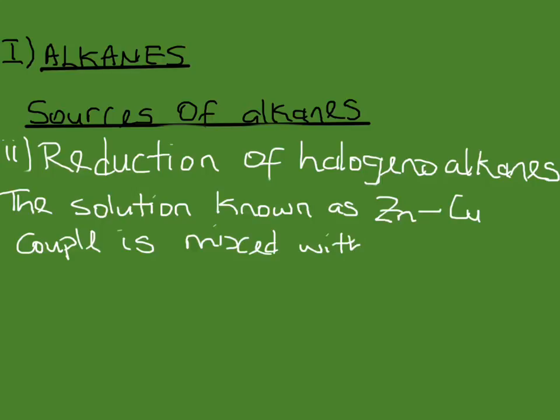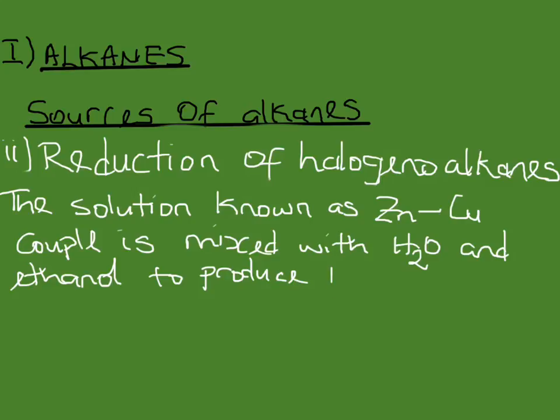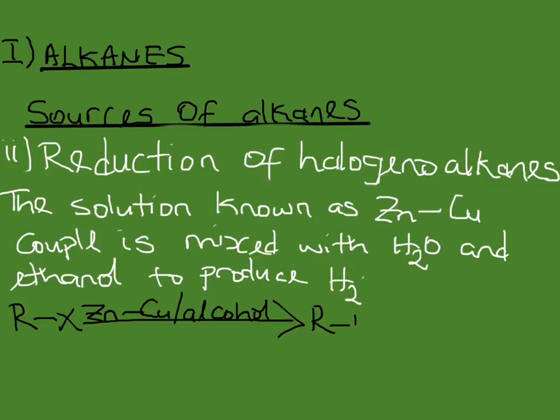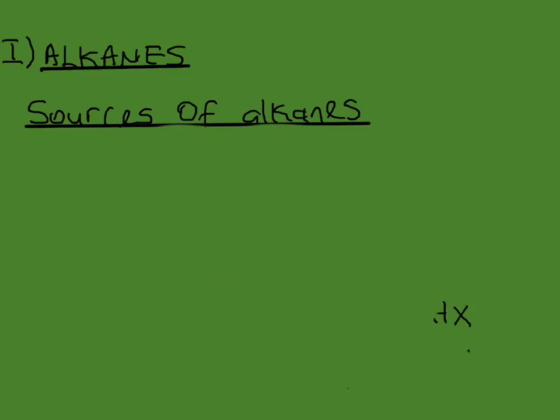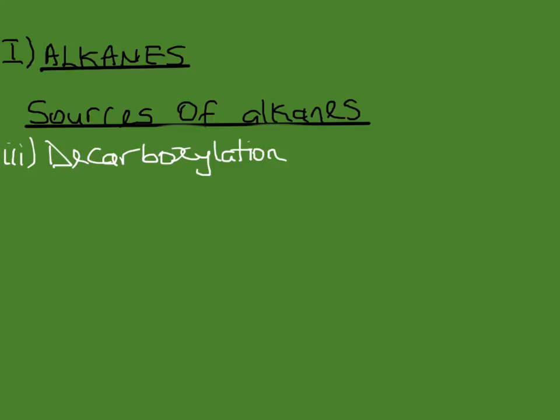The solution, known as zinc copper couple, is mixed with water and ethanol to produce hydrogen. See from the example below there, halogenoalkane with zinc copper couple in the presence of alcohol gives us alkane plus hydrogen halide. Chloromethane is going to give us methane plus hydrogen chloride.